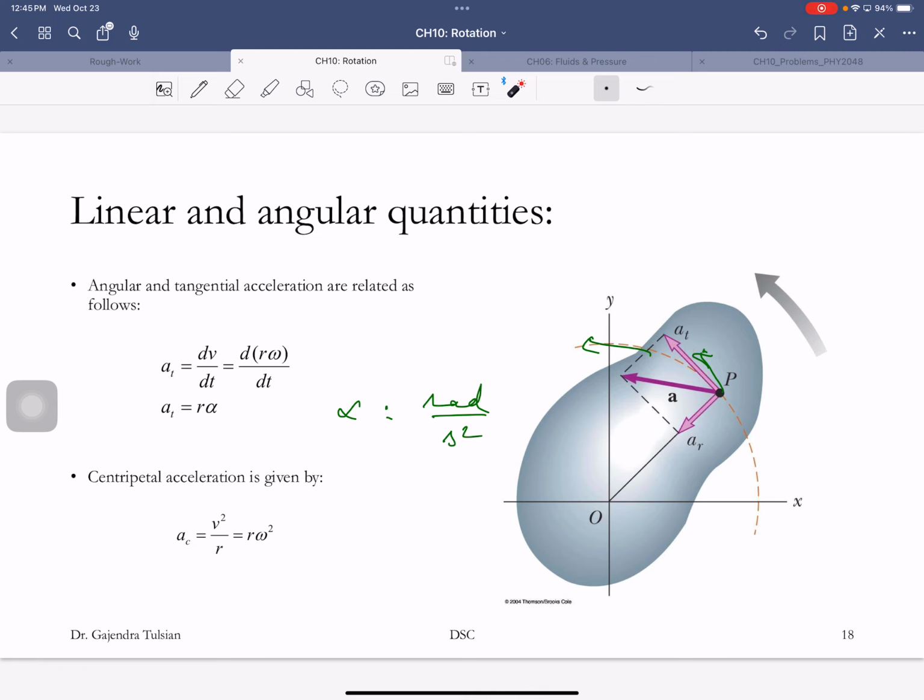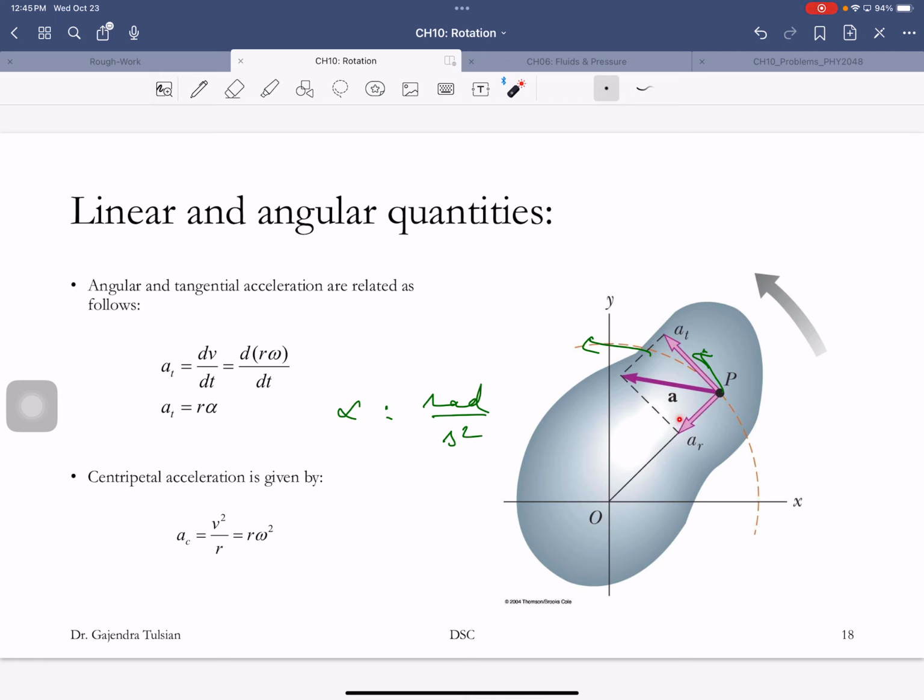The tangential acceleration is given by r alpha, where r is the distance from the axis of rotation. And the instantaneous centripetal acceleration is given by the instantaneous speed squared divided by r. So this point has two accelerations when the object has angular acceleration.